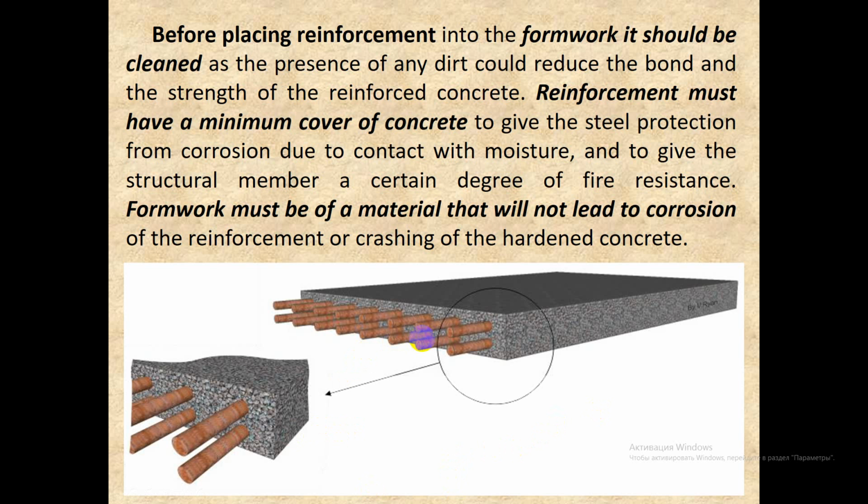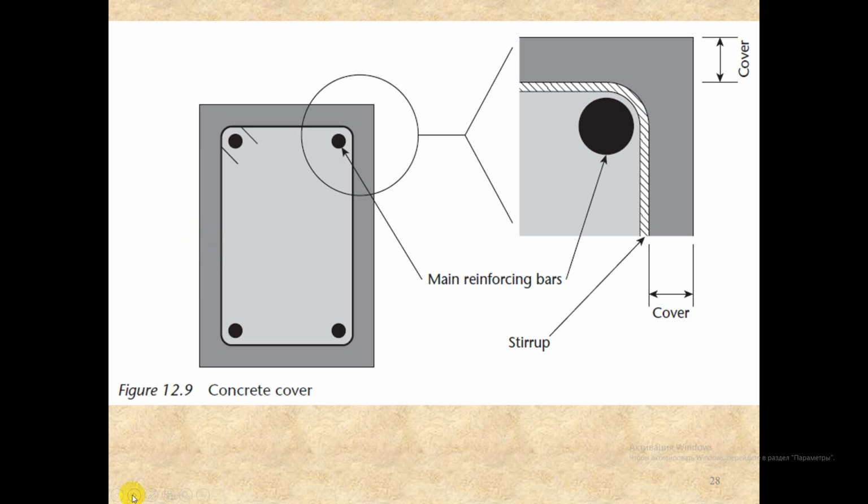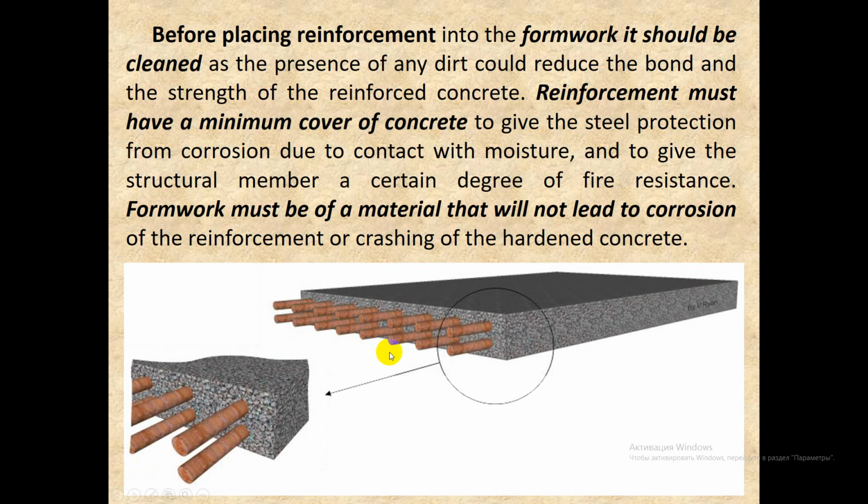Reinforcement must have a minimum cover of concrete to give the steel protection from corrosion due to contact with moisture, and to give the structural member a certain degree of fire resistance. Formwork must be of a material that will not lead to corrosion of the reinforcement or crushing of the hardened concrete.